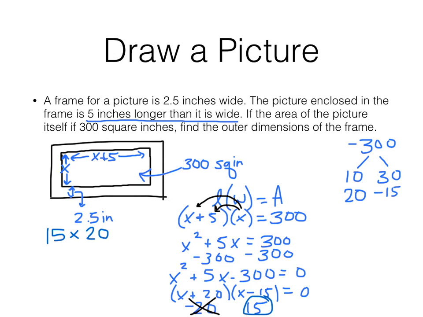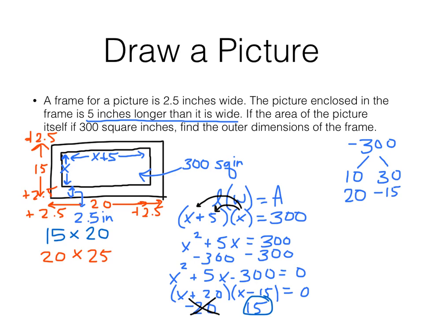So we need this 15 plus the frame, and this 20 plus the frame all the way out to the edges. So plus 2.5 on either side, and the same thing up here, plus 2.5 on either end of that side. So each one is going to add 5 to it. So if the photograph is 15 by 20, the frame is 20 by 25. 20 inches by 25 inches. And that's our answer.